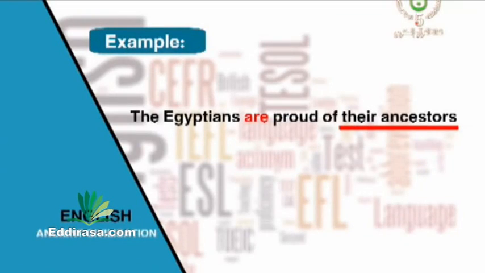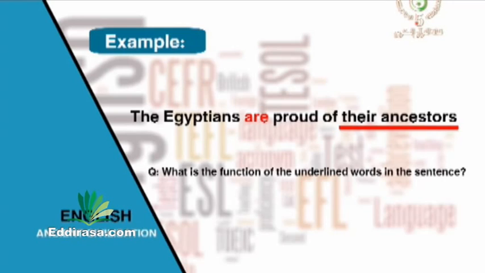Now let's move to asking questions with the verb to be. The Egyptians are proud of their ancestors. What do the underlined words refer to? Right, they refer to the object. Here the object is a person.